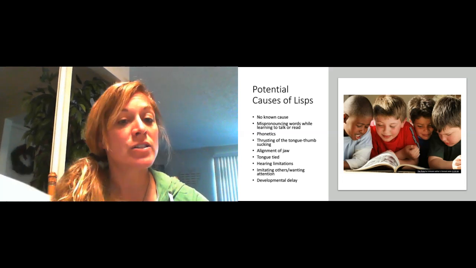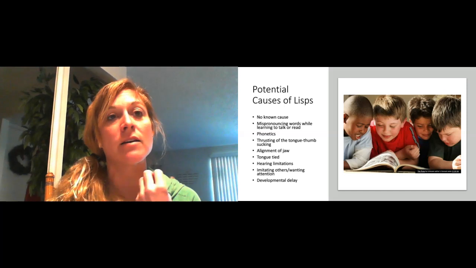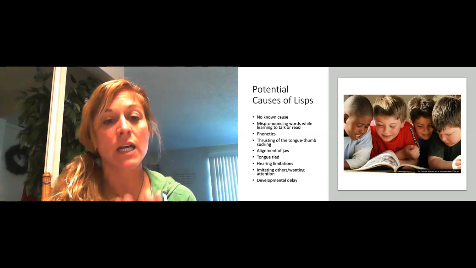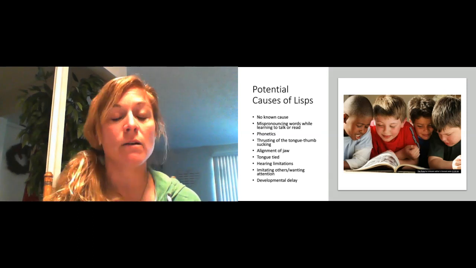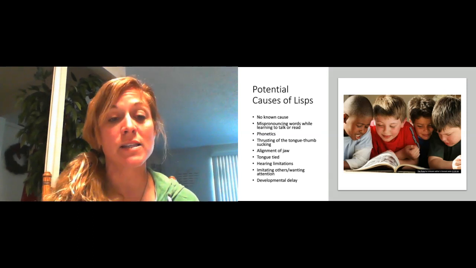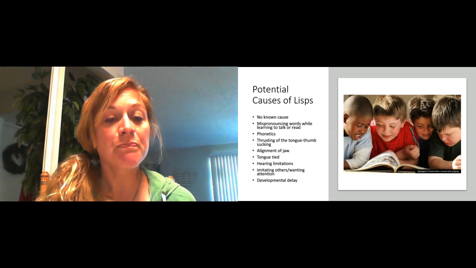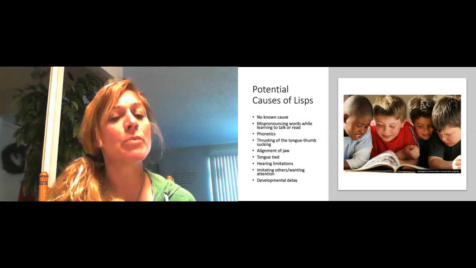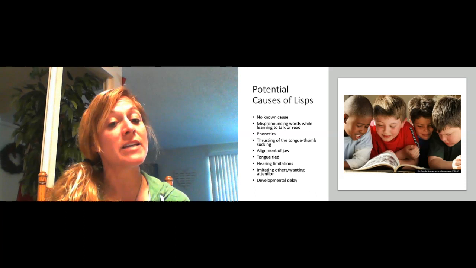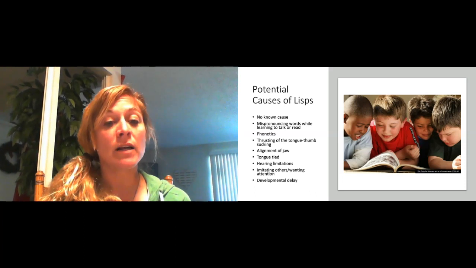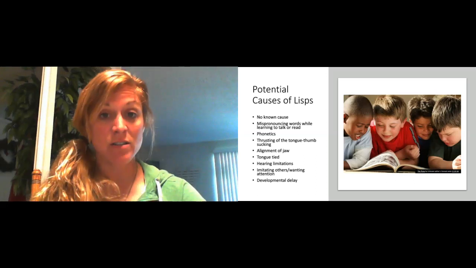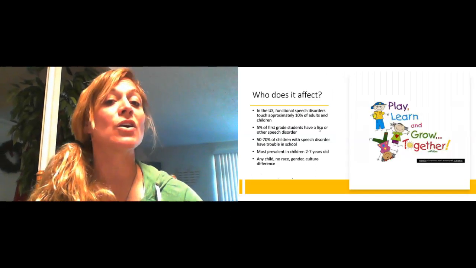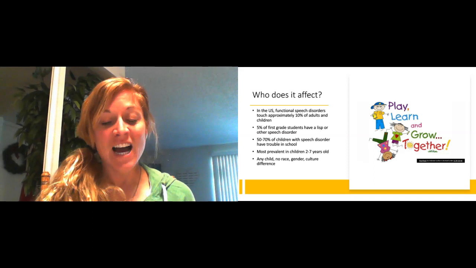The phonetics, just meaning that the tongue is being thrust through the teeth, and then the next one down is the thrusting of the tongue. So an example would be thumb sucking. Other potential causes would be hearing limitations, developmental delays, or children imitating others or wanting attention. So they might alter how they talk.